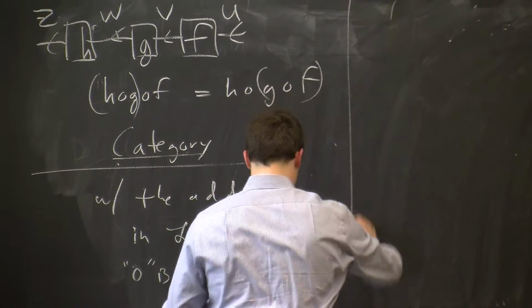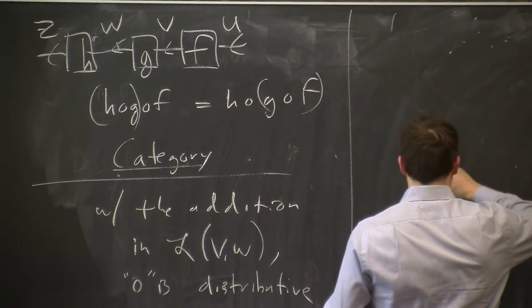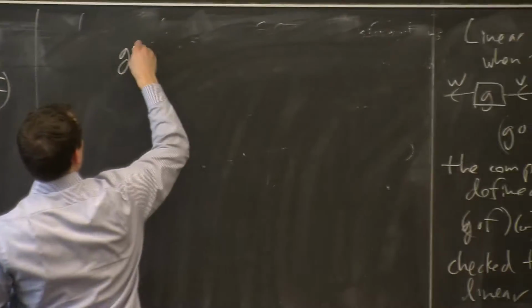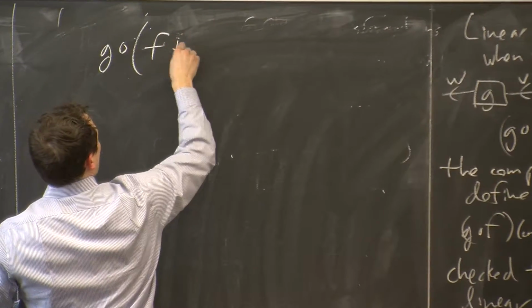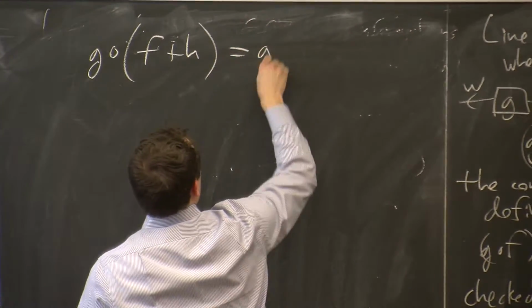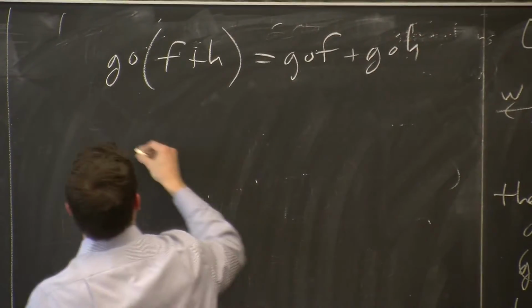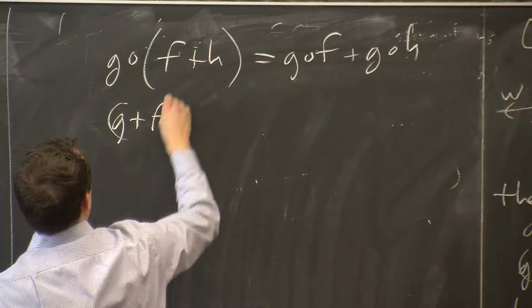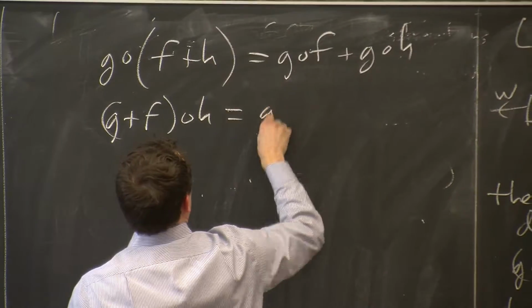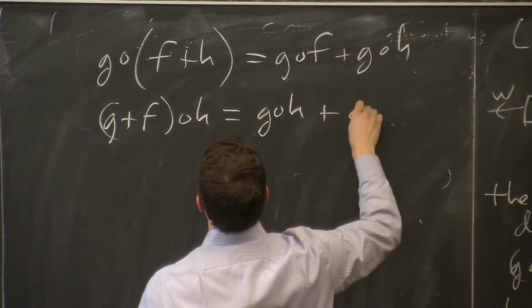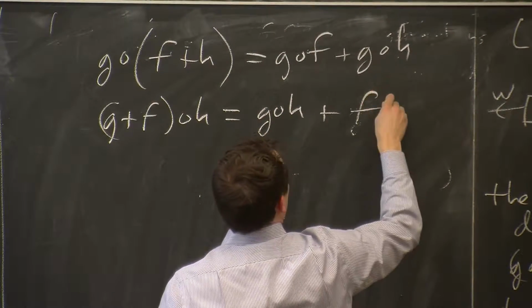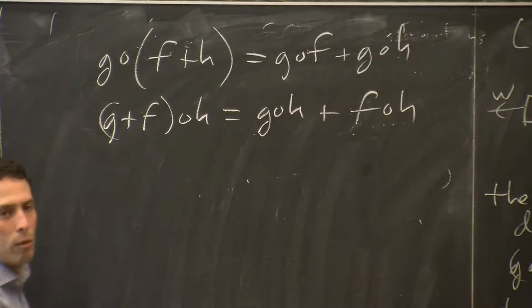By that I mean g composed with f plus h equals g composed with f plus g composed with h, and g plus f composed with h equals g composed with h plus f composed with h, when that makes sense.